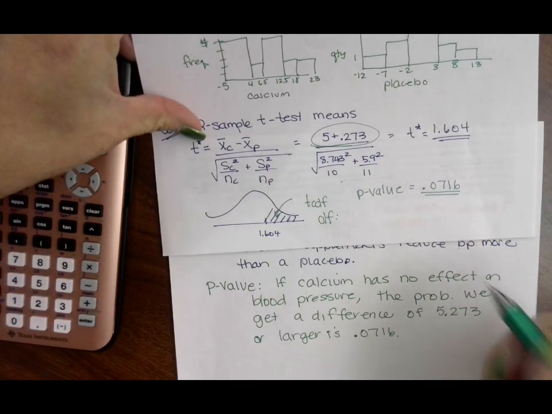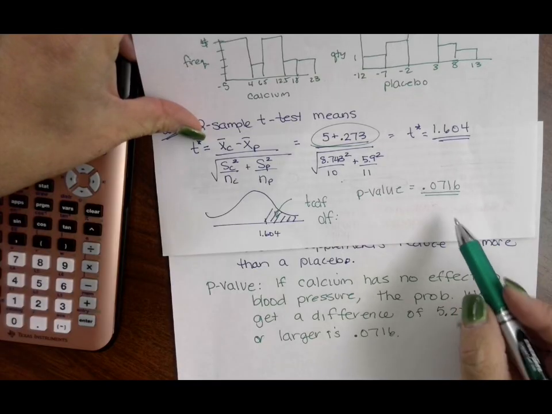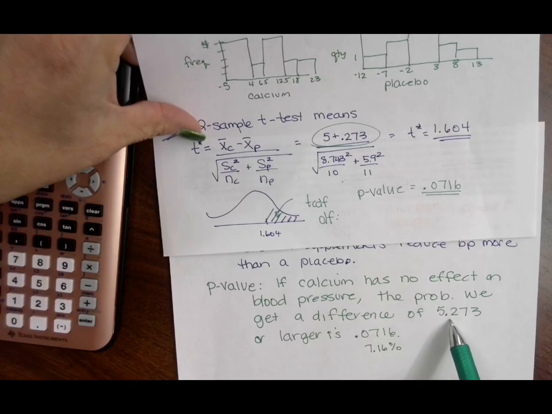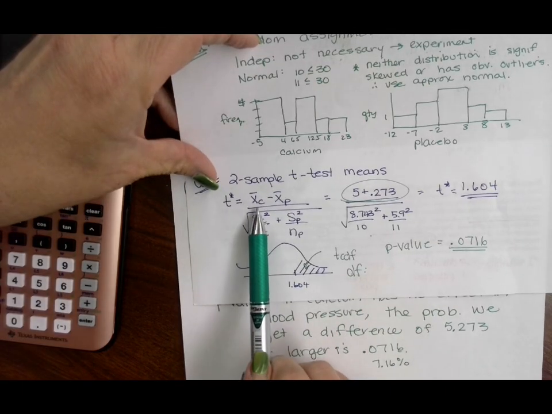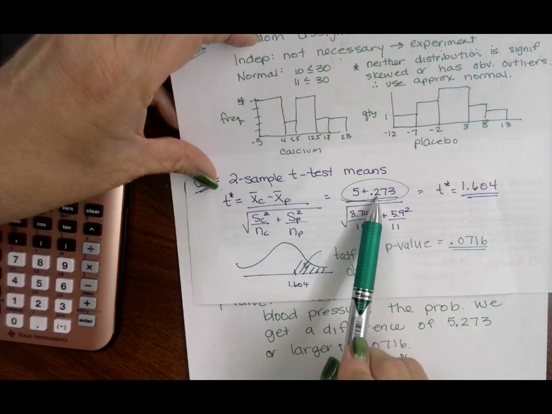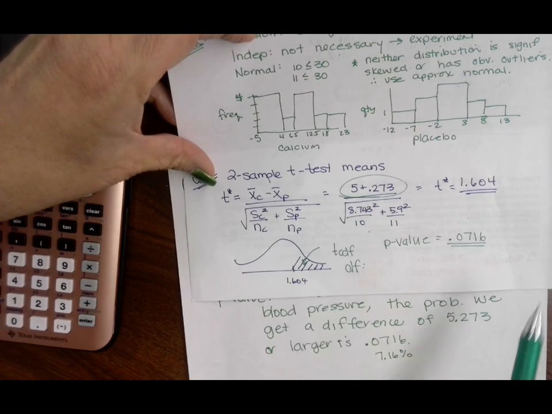So we get this p-value here of 0.0716. This is my probability. I could have also written this as 7.16%. The reason we get this is the probability we get a difference of 5.273. This is the difference: if I look at calcium minus placebo, we said that because the placebo was a negative number, we're going to add these up. That's where this comes from.